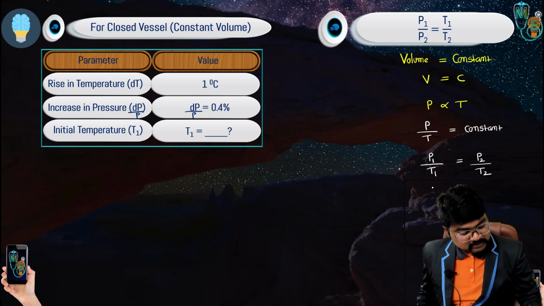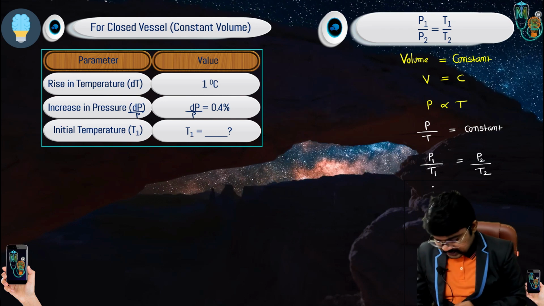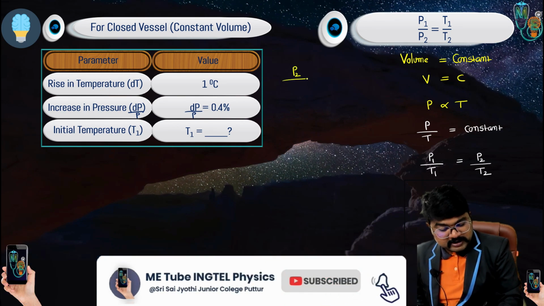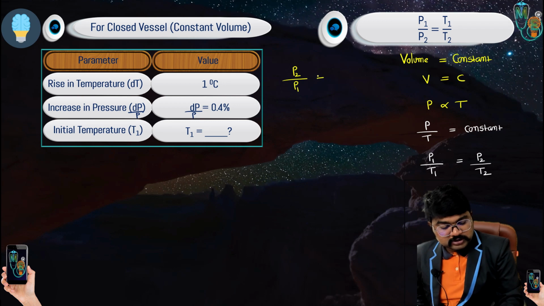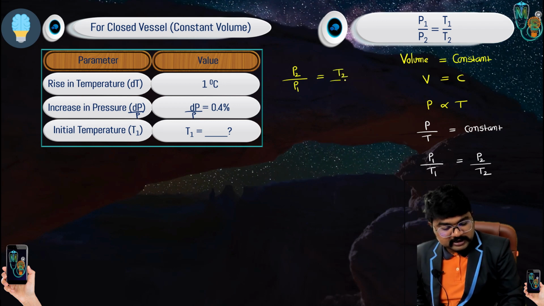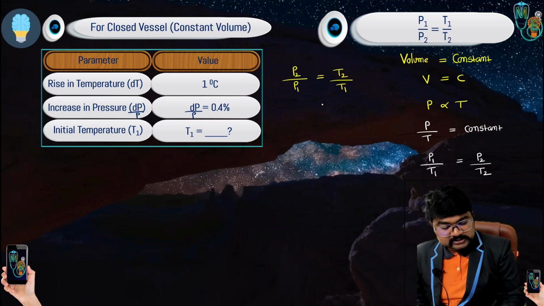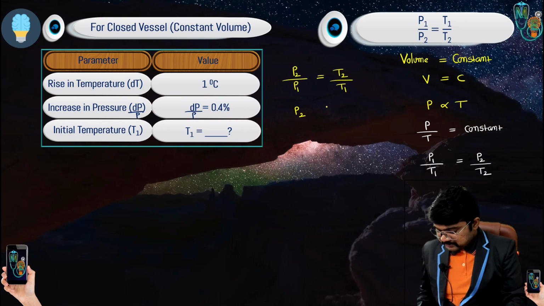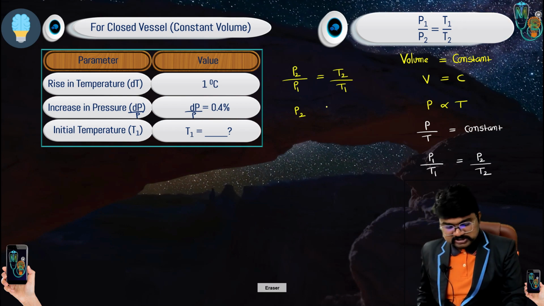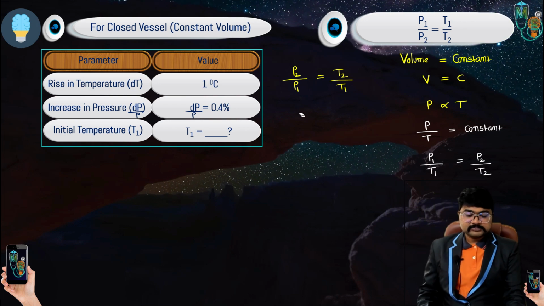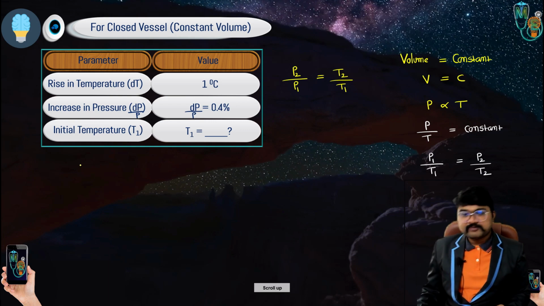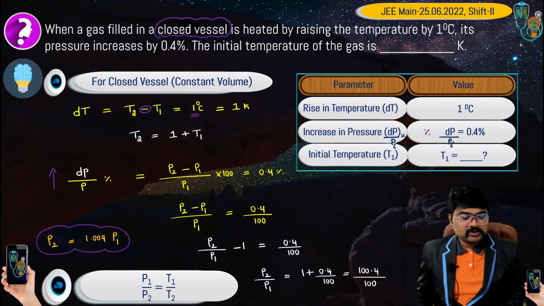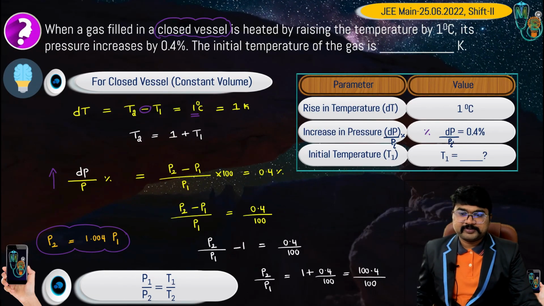So finally P2 by P1 equals what? P2 by P1 equals T2 by T1. You need to calculate temperature T1. Just substitute everything.